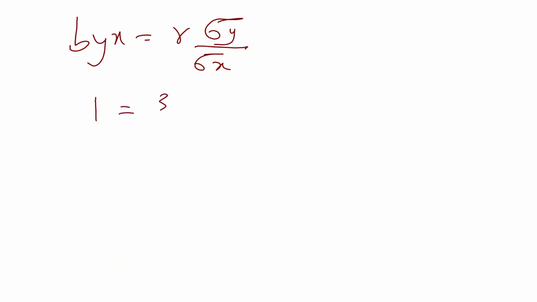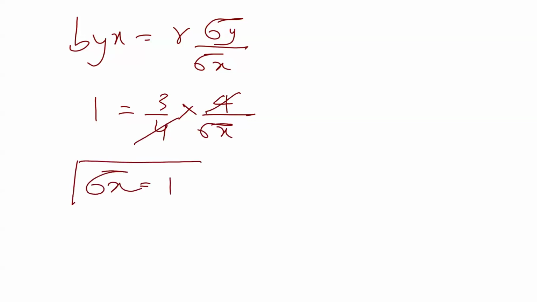R is equal to 3 by 4. Sigma y is 4, which is given in the problem, upon sigma x. So 4 gets cancelled. Sigma x is equal to 1. So they were asking for sigma x. I have calculated the value of sigma x.